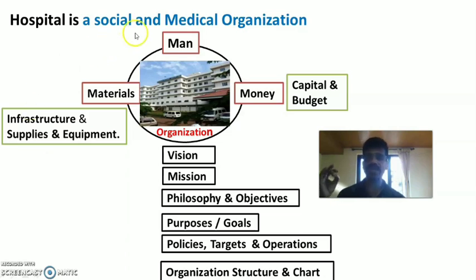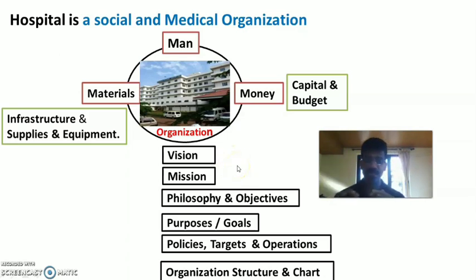So hospital is a social and medical organization which consists of three important resources: man, money and material. As it is an organization, it has a clear-cut vision, that is to render quality and comprehensive nursing care to the public, that is individual, family and community.